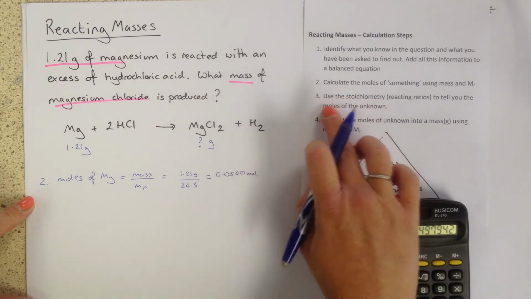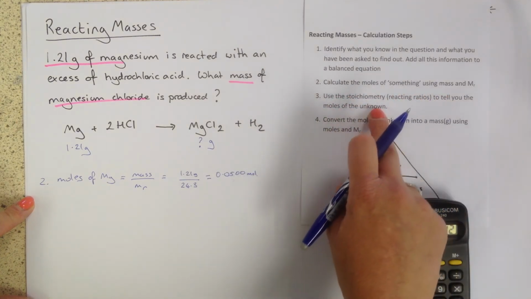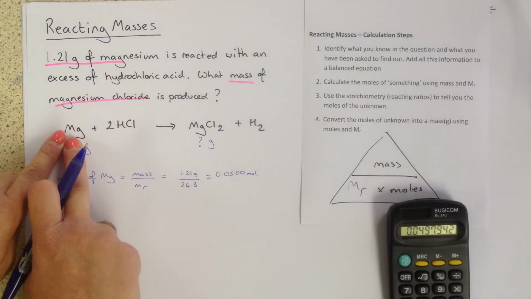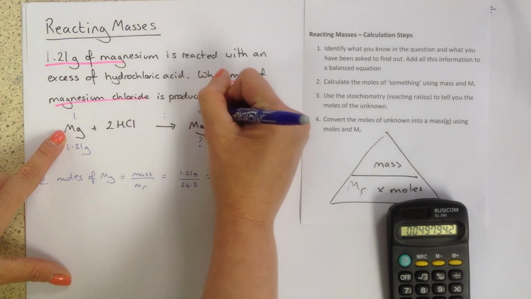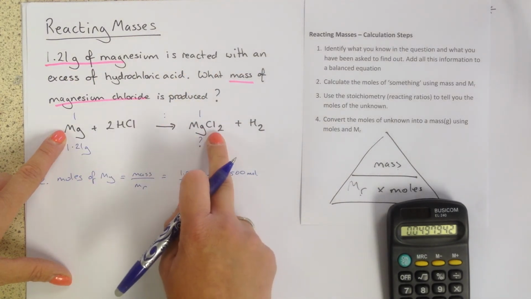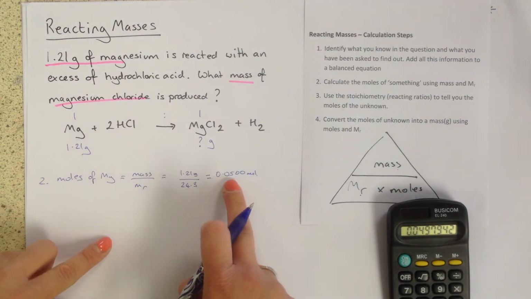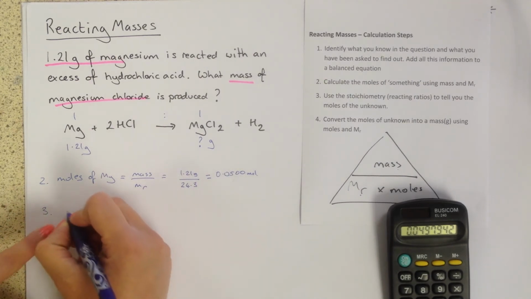Step 3, use the stoichiometry, that's the big numbers, remember, to tell you the moles of the unknown. So from the work we've just done before, we know that if we have 1 mole of magnesium, look at the ratio, it's 1 to 1. We'll have 1 mole of magnesium chloride being produced. We haven't got 1 mole, we've got 0.05 of a mole. So let's write it out.